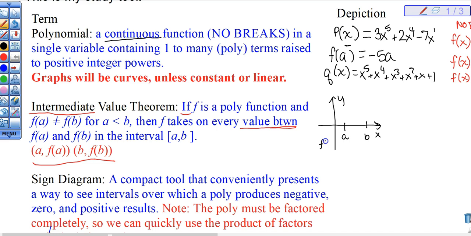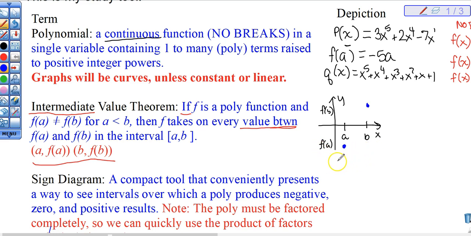So I'll put my f of a down here and my f of b up here. So I'm going to graph those two coordinate pairs. There they are. Now this is a poly function, so I should connect them with curves. Yes? Okay. And it's also continuous because it's a polynomial.